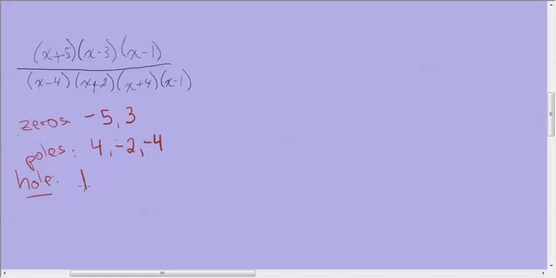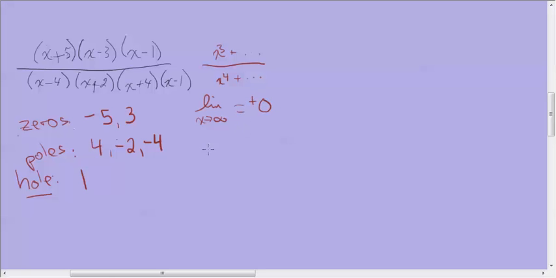Now I could go through the same thing here, and I would see that this numerator would be x cubed plus dot dot dot, and my denominator is going to be x to the 4th plus dot dot dot. Well, the limit as x approaches infinity of this one turns out to be 0 over 1, so as x approaches infinity, that's going to be positive 0.